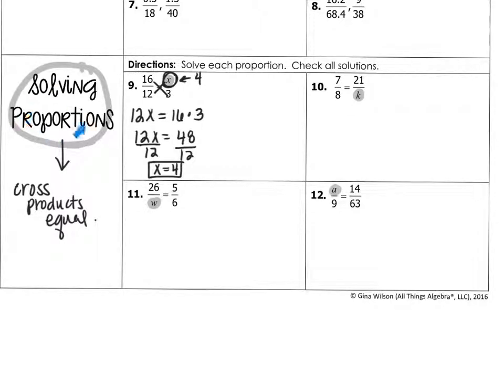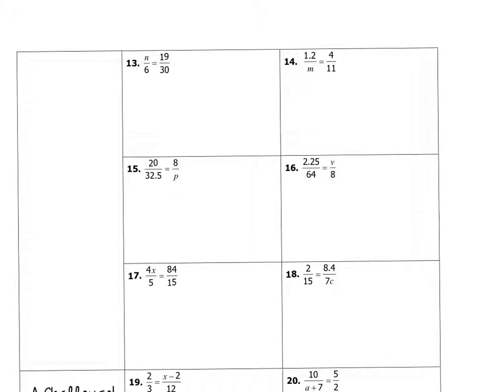Again, remember that to solve a proportion, you have to know that the cross products are equal, and then we use algebra to solve for x. For some of the more complicated ones, naturally, you can use your calculator. I'm talking about the ones with decimals or larger values. But you're still going to set up the cross product and show the work.